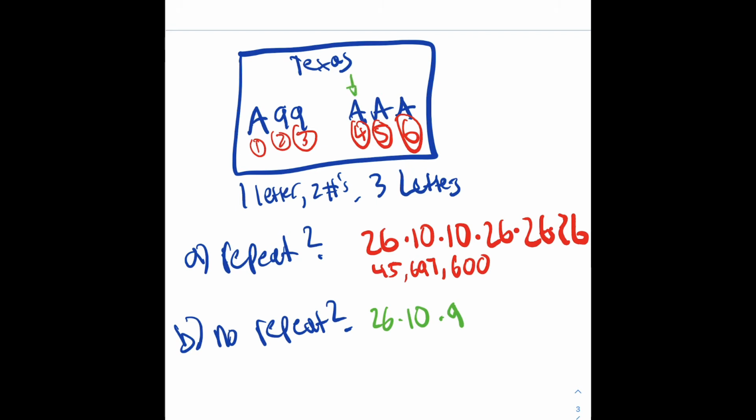I've already picked 1 letter, so I don't have 26 letter choices anymore. If I can't repeat, I only have 25, and then 24, and then 23 choices to finish it off. When I multiply all that together, I get 32,292,000. So it is a significant difference between the two, determining whether we use repetition or not.